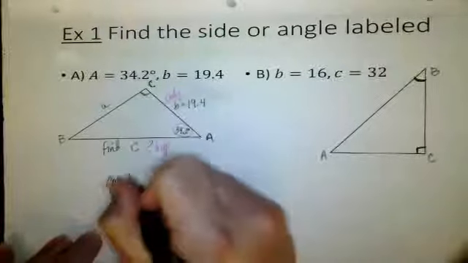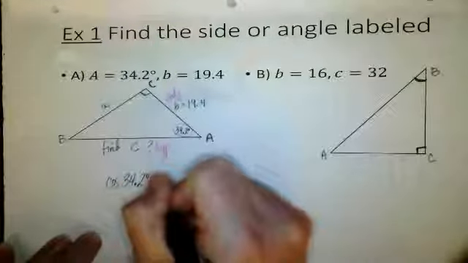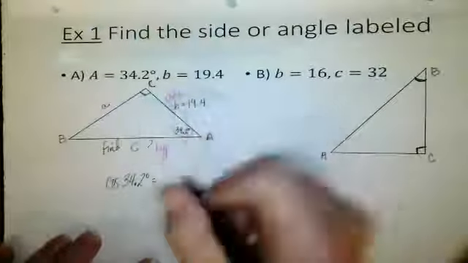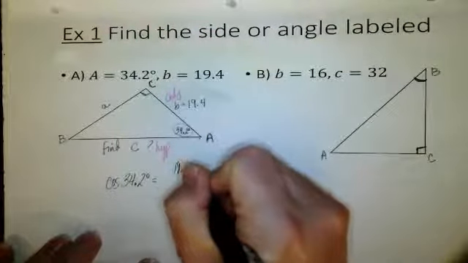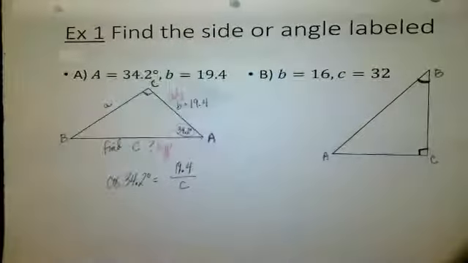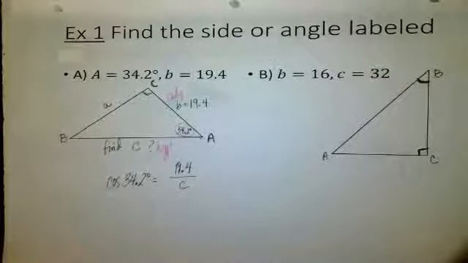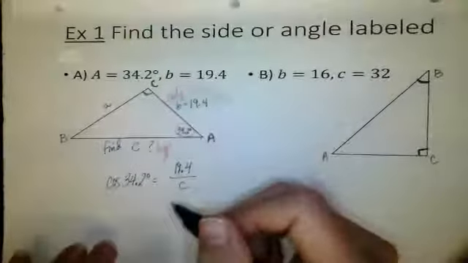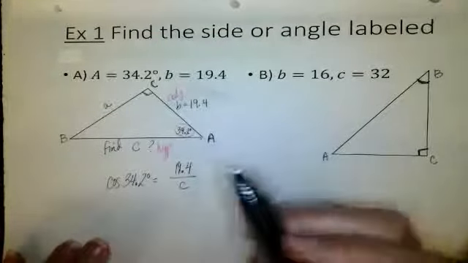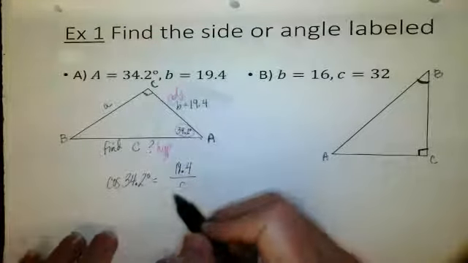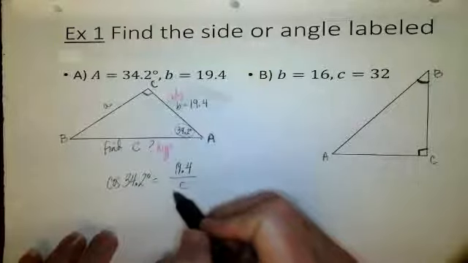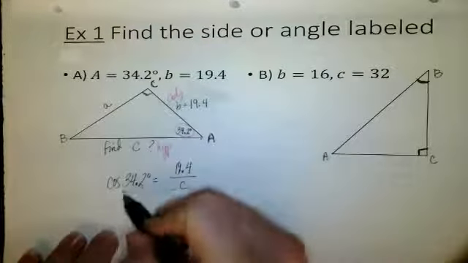So cosine of 34.2 degrees equals adjacent over hypotenuse, so 19.4 over c. And how do I solve for c? Multiply it. Divide. Multiply that c first.